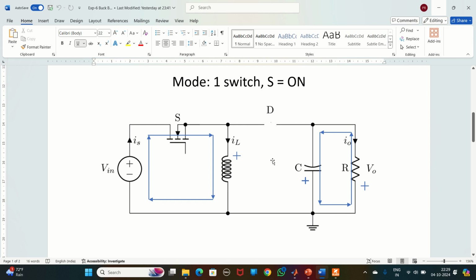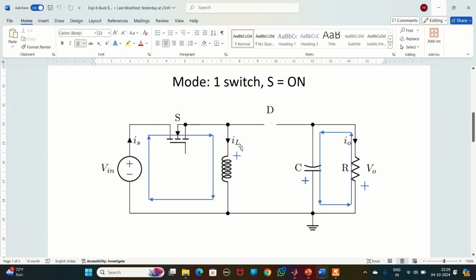So in a buck boost converter, one of the key features we have to observe is that the output terminal voltage will actually be reversed. So the capacitor will discharge like this, and at the same time the inductor will charge like this.